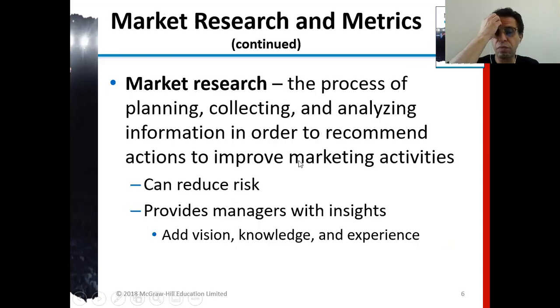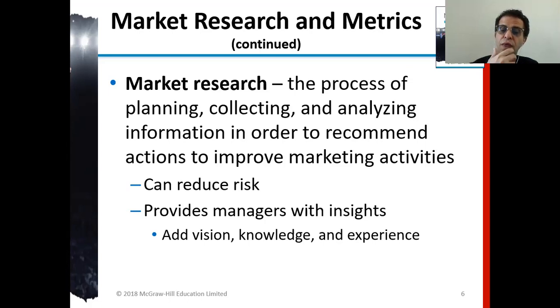Now, market research is the process of planning, collecting, and analyzing information in order to recommend action to improve marketing activities. It can also reduce the risk and provide the manager with insight, which adds vision, knowledge, and experience.